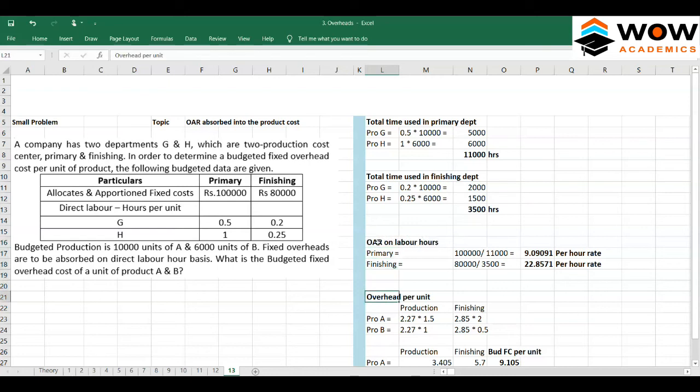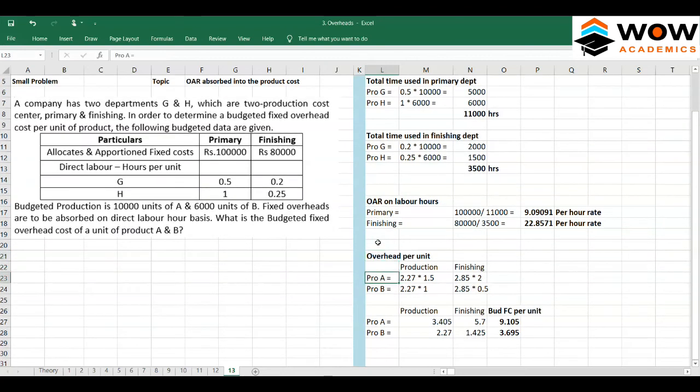We'll find out the overhead per unit. So it's about G and H. So let's get that, and it's primary here. Okay, so we got all the numbers. So we just have to work out, so I think we can remove all these.